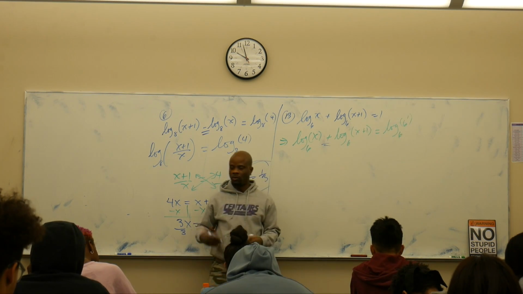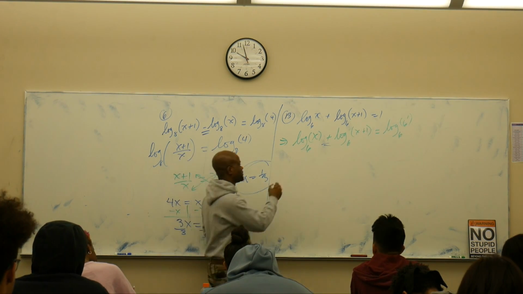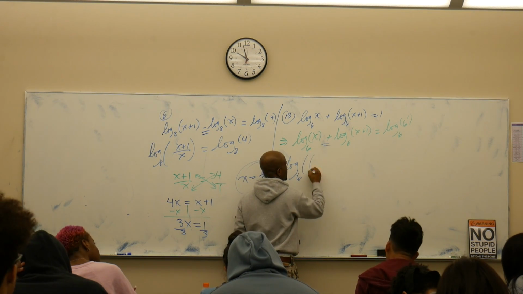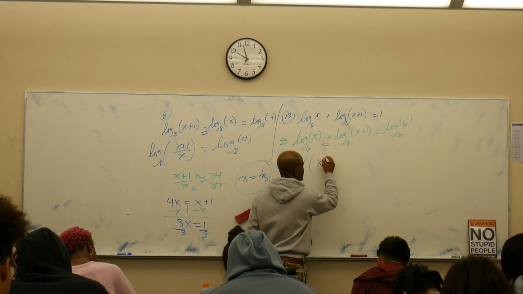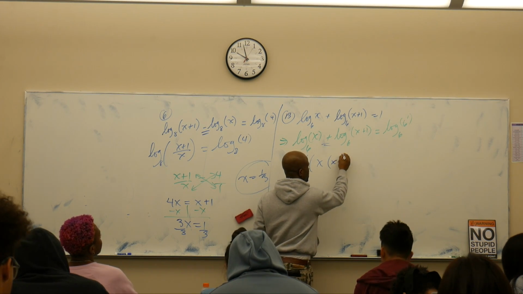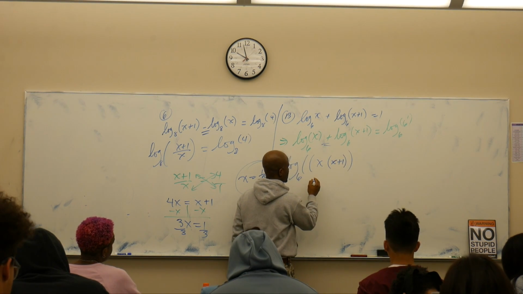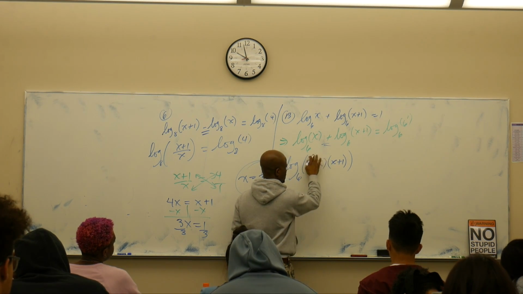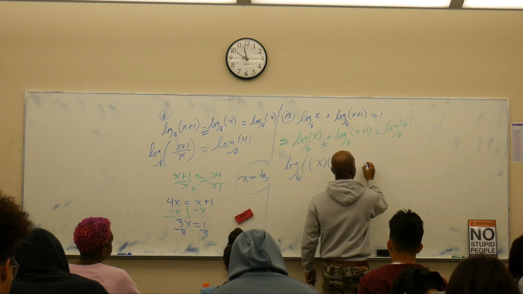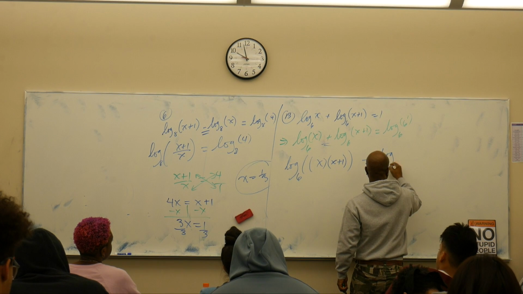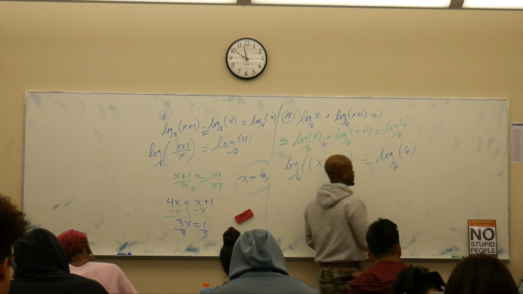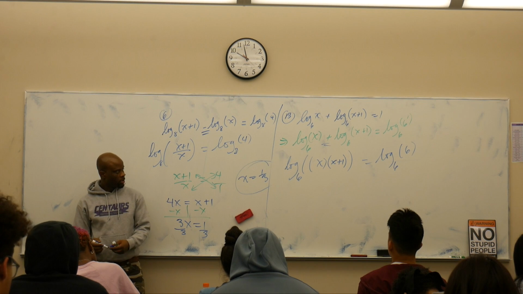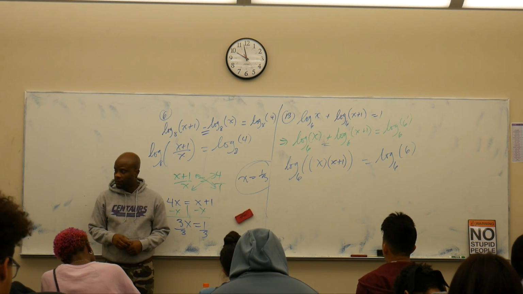There's an addition here, so again we are multiplying. So the log base 6 of x times x plus 1 equals the log base 6 of 6 to the 1, which is just 6, right?